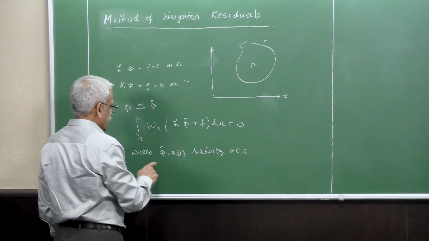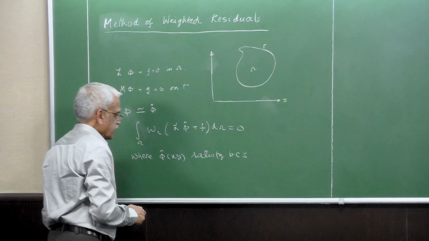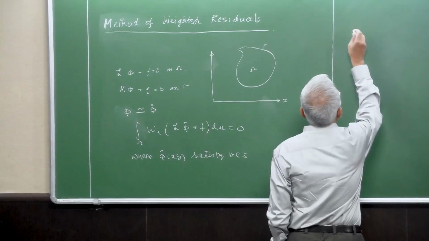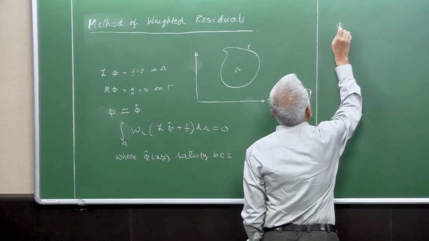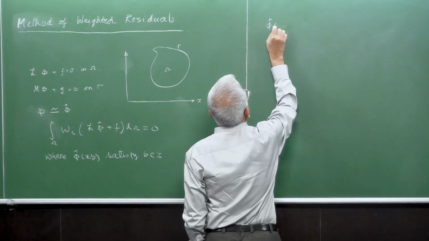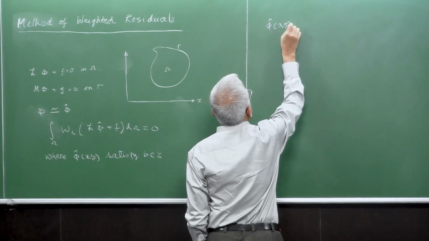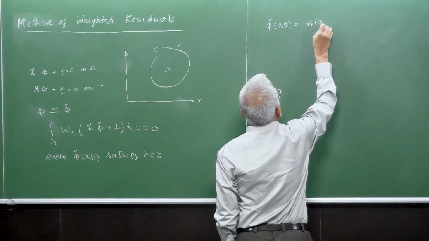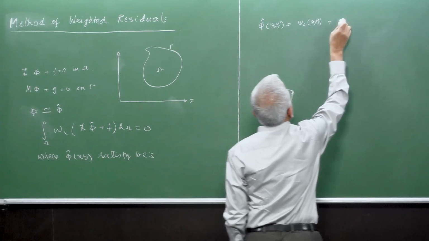But on the other hand, let us look at phi hat. What we said is that phi hat is going to be approximated as phi hat, here a function of x, y, and we said that we are going to approximate it in this manner.